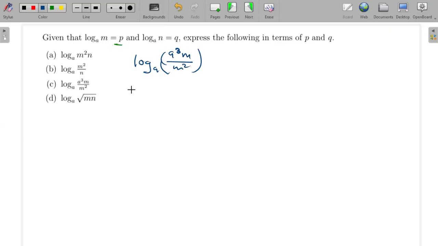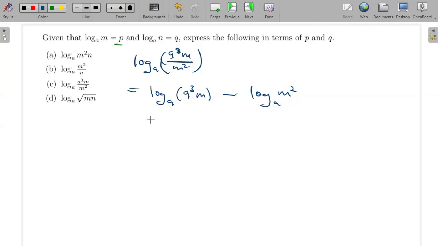So this one is just going to be equal to log base a, and then you see you're dividing here the term that is on top and the one which is down. So you're going to write the one which is on top first. That is going to be a to the power 3m, and then minus log a to the power of m squared.